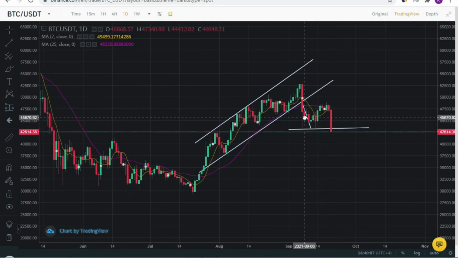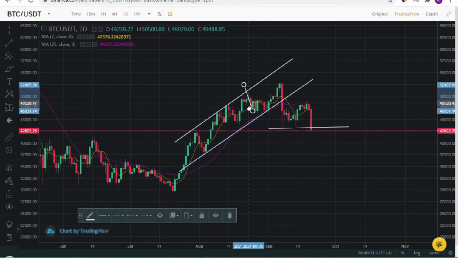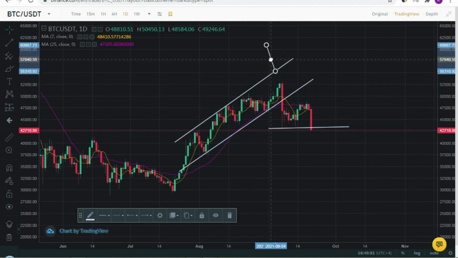How did we get this line? This line here is the length of the widest part between our support and resistance line here. So if this price broke above this resistance line around here, we would take this line and put it here. That would give our next price target, which would be $60,000.